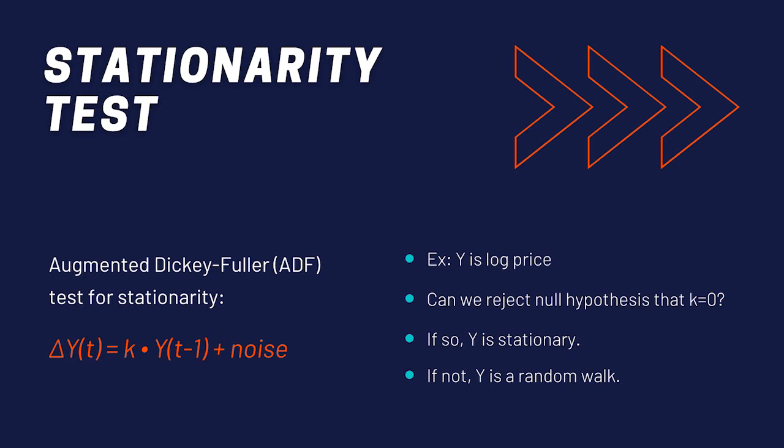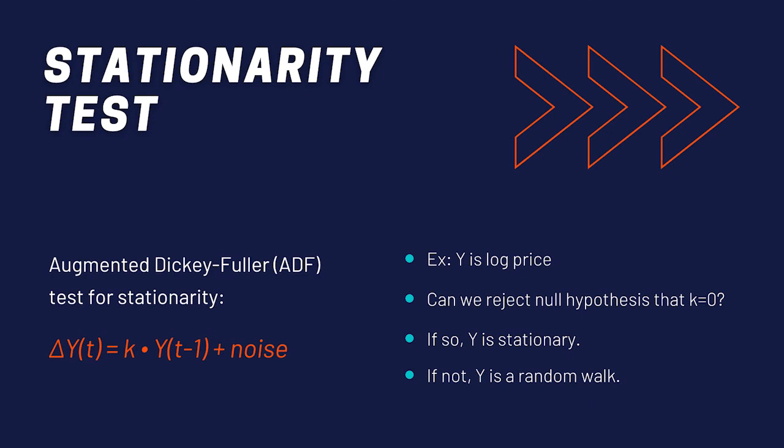But if it is a random walk, then clearly k is close to zero, because with a random walk, you cannot predict the change so easily based on the previous value. The definition of a random walk is that delta y is just white noise.